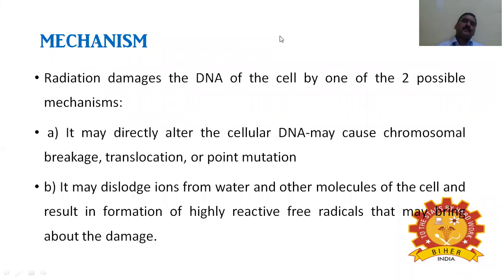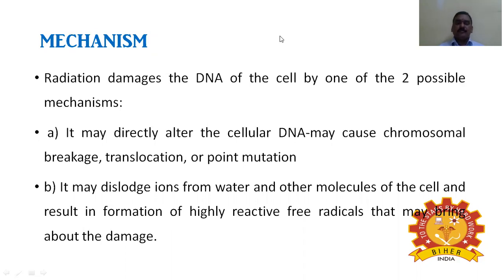What is the mechanism behind this? The radiation damages the DNA of the cell by one of two possible mechanisms. Number one, it may directly alter the cellular DNA, so it may cause chromosomal breakages, a translocation, or a point mutation.